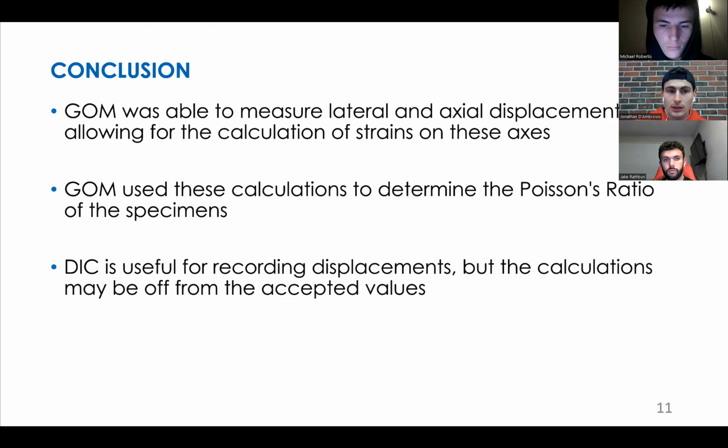However, the GOM software might not be the best software out there to use when performing this experiment. That being said, digital image correlation is a good way to calculate the Poisson's ratio of materials.